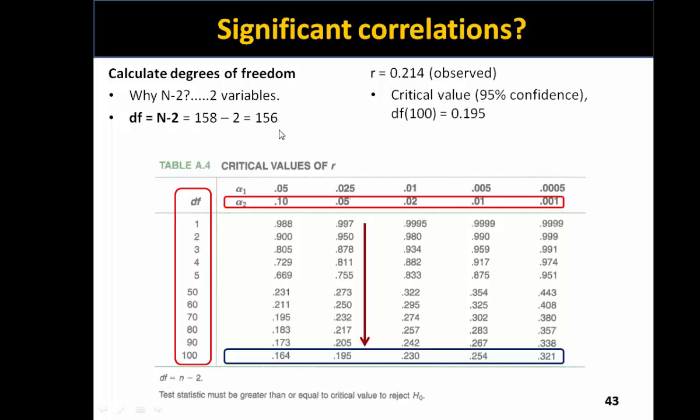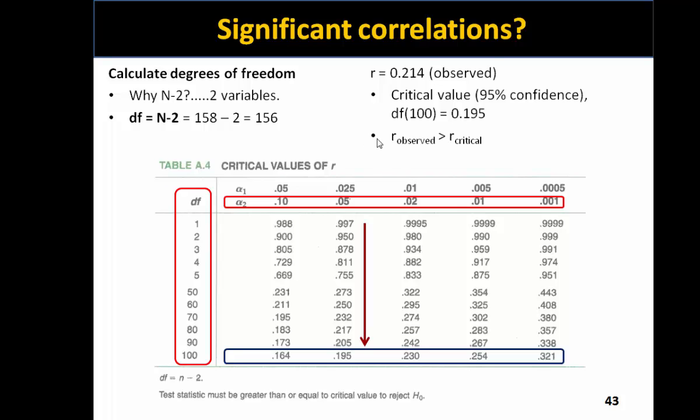Ideally, we want to look for a degrees of freedom of 156, but that was off the table. So we'll stop at 100. We'll take a look at that, and that will tell us if there's a need to continue. And so with 95% confidence, our critical value of 0.195 is less than what we calculated.